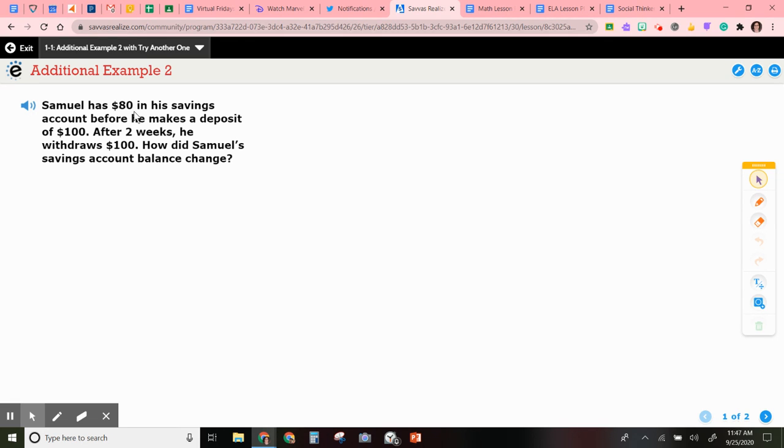Samuel has $80 in his savings account before he makes a deposit of $100. After 2 weeks, he withdraws $100. How did Samuel's savings account balance change? Just like last week when we were here at school, we need to look for that important information, right?